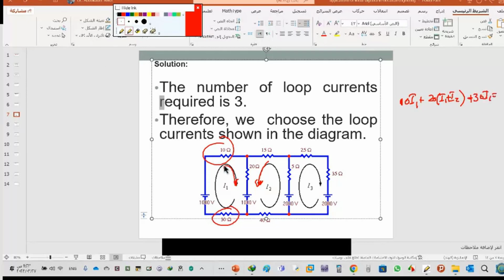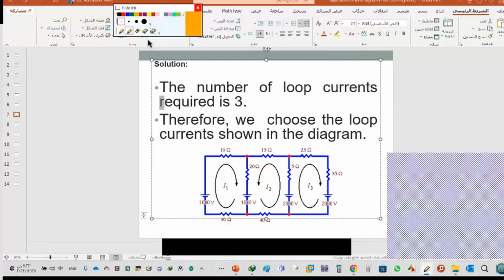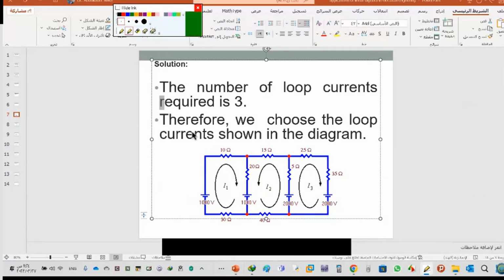See this I1, we have one direction, direction from positive to negative. This is the same direction, so it is 1000, minus opposite direction, minus 1000. Clear or repeat? You know it's clear. Okay, this is I1.